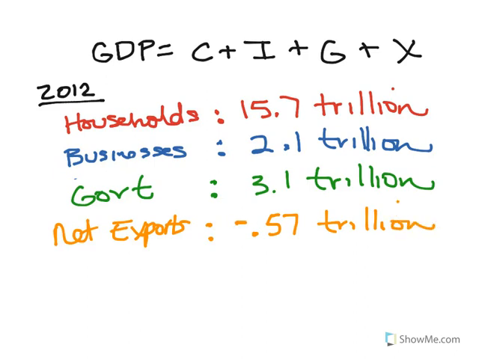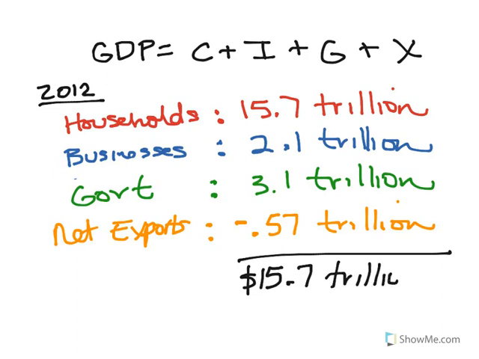And so we just add all of that up, and we would come up with a total GDP of approximately 15.7 trillion dollars in 2012. So that would be the total value of goods and services that were purchased using the expenditures approach.